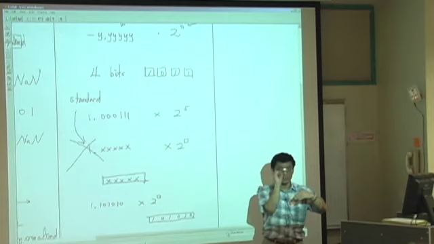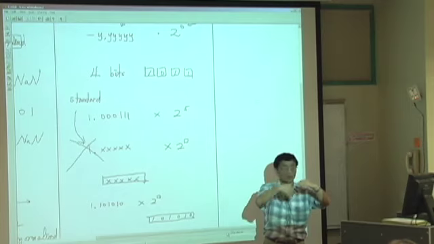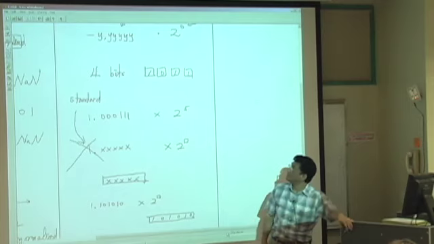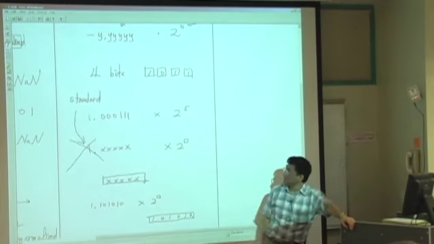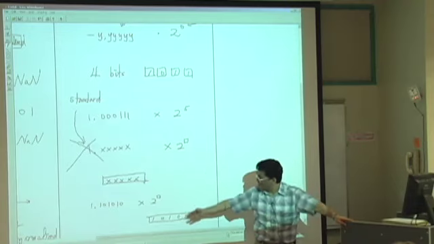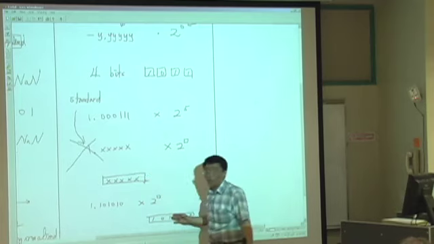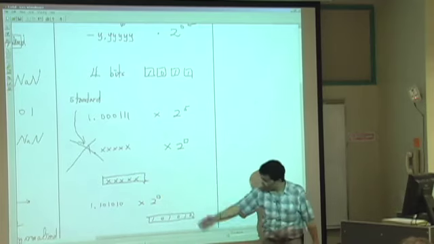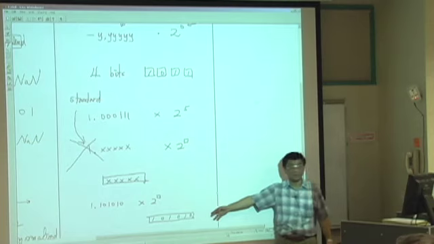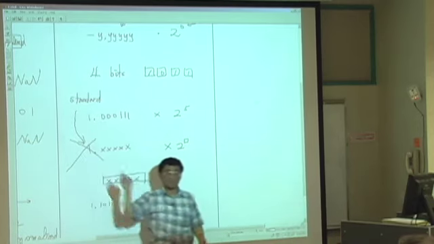Bias position is 0th power, and anything added there is plus power. Anything subtracted here should be negative power. Bias isn't difficult. And finally, fraction bits can be written in this way, and we call this normalized number, because we skip this number in the representation.